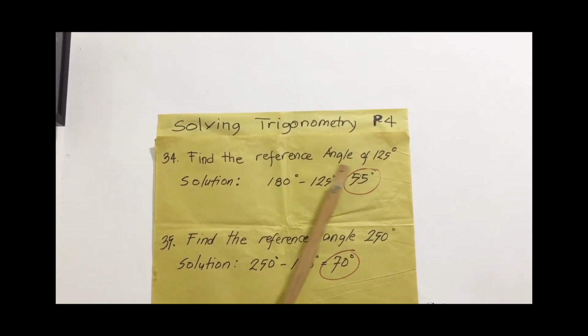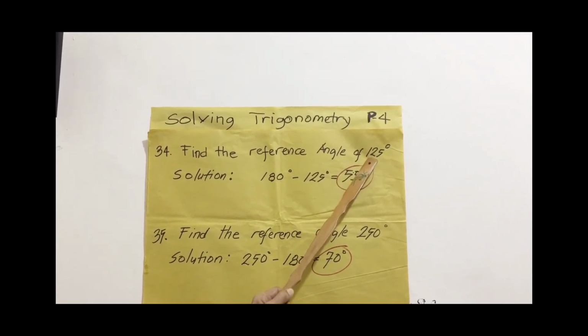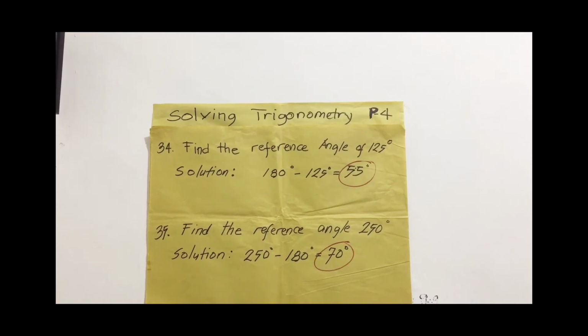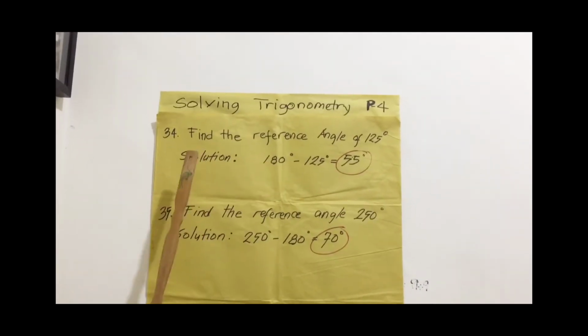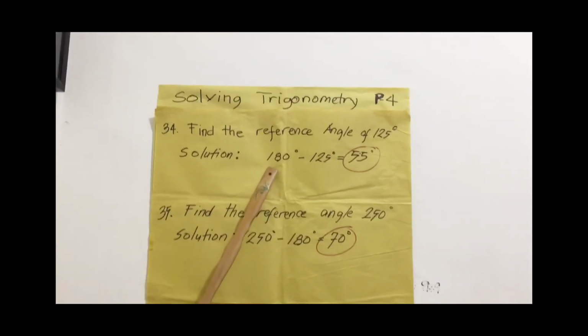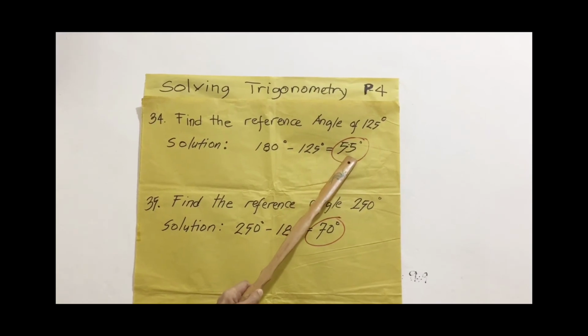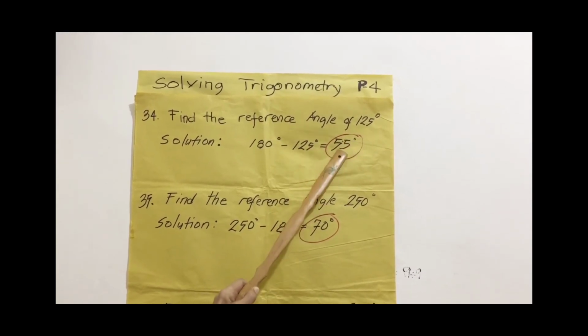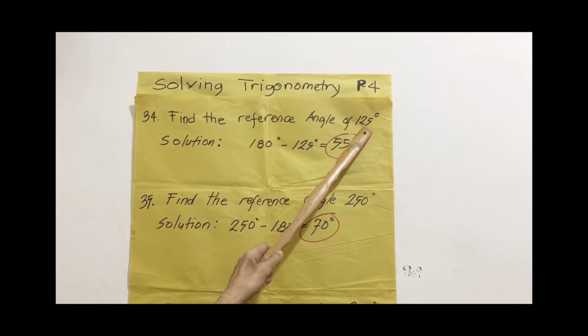Since the given angle is more than 90 degrees but less than 180 degrees, our reference is 180 degrees. So 180 degrees minus 125 degrees is equal to 55 degrees. This will be now our reference angle of 125 degrees.